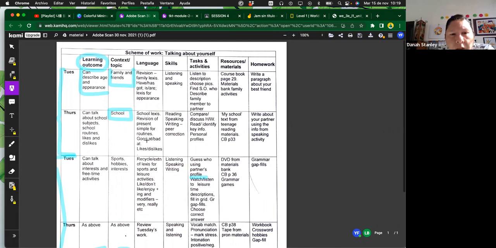In here, okay, likes and dislikes. For homework, they are going to read, identify keyword, personal profiles. Okay. My school, listening to description, find someone who, describe member family.